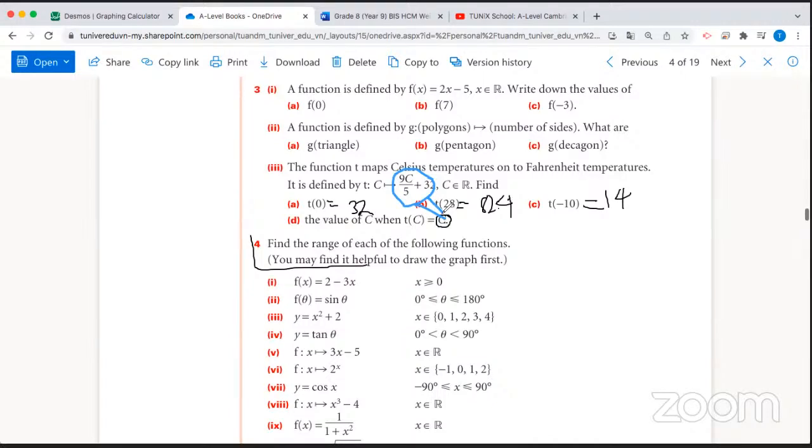Now number 4. Find the range. Draw a graph.